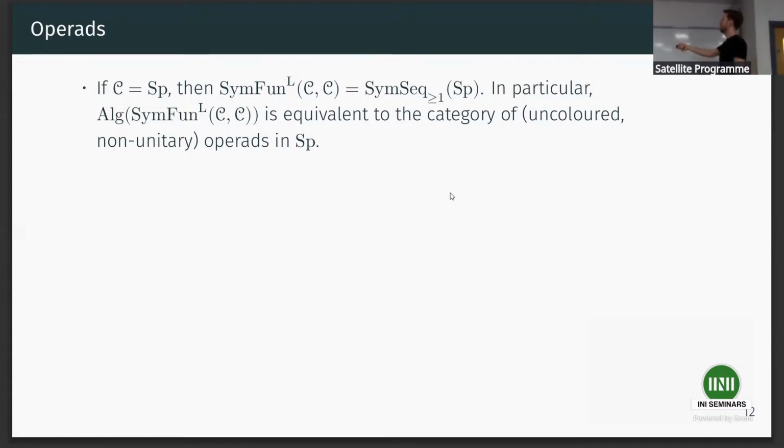So if you look at algebras in there, it's going to give you the category of operads enriched in spectra, or at least uncolored, reduced, uncolored non-unitary ones. So we now have a machinery such that if you start with some category C whose stabilization is spectra, and you apply the derivatives to endofunctors, you will get symmetric sequences.